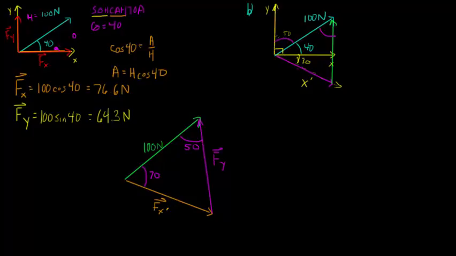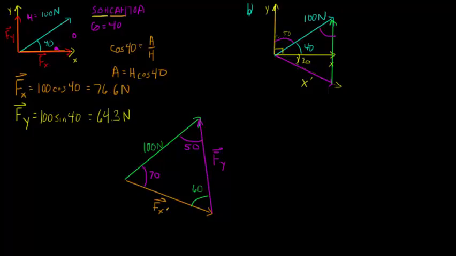So that's how we can tell that that angle is 50 degrees. Now the last angle right in here is going to be 60 degrees. We know that because a triangle needs to have 180 degrees. We know this is 120 degrees, so 180 minus 120 is 60 degrees.